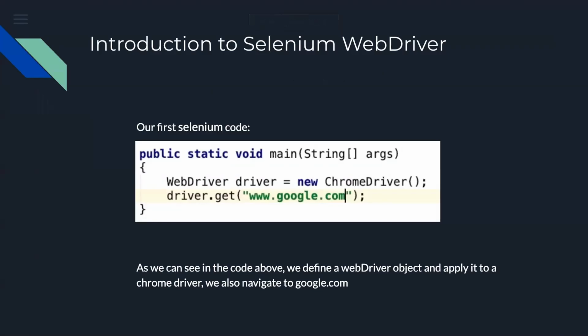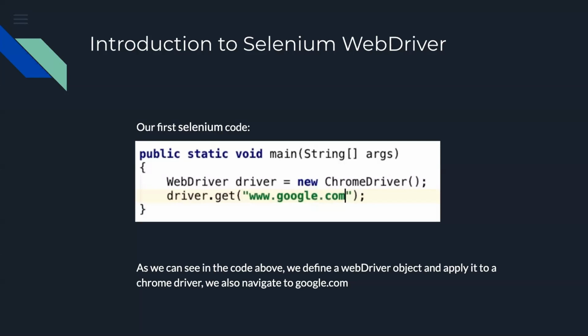Let's start with executing our first Selenium code. We'll head over to IntelliJ in a second after we overview this slide. So here I'm using main and not TestNG. Later on in this course we will use TestNG for executing a test. So the first line is WebDriver driver, which is the name of this object, equals new ChromeDriver.